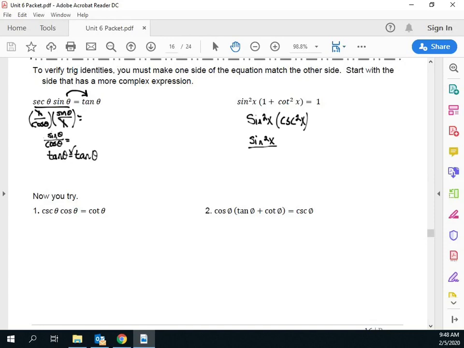1 over cosecant times cosecant over 1? Yeah, they all cross out. No, because it all becomes 1. Because you have sine squared over 1 times 1 over sine squared. It's like taking 2 over 1 times 1 over 2.